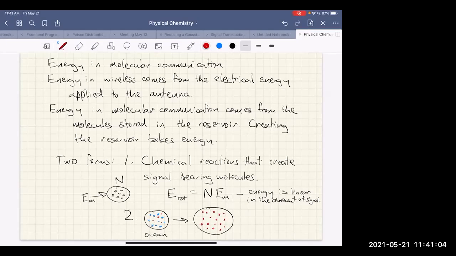It's much more concentrated than the sea. It turns out this is not for free. The idea is to create a reservoir using only changes in concentration.